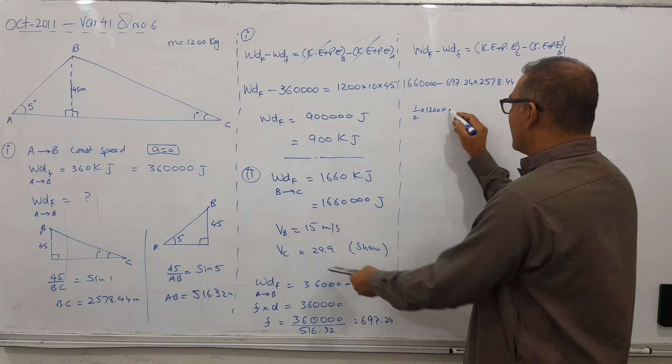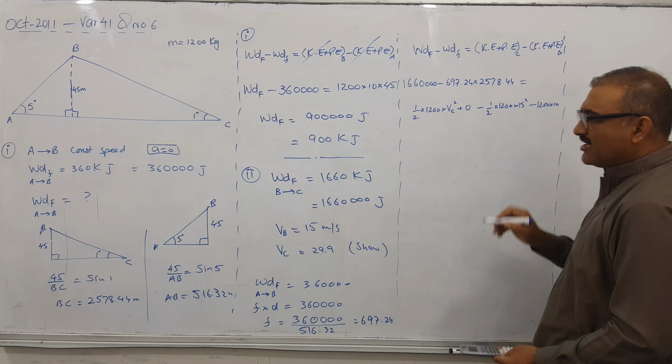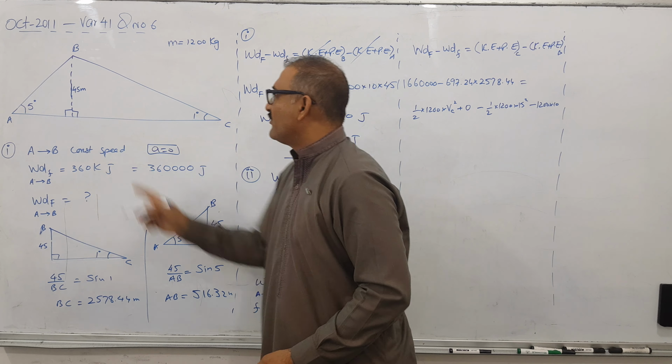So minus, open the bracket, half mv square, m is this, and vB is 15 square. Minus into minus, plus, and mgh, and what is mass? 1200, g is 10, and the height of this one is 45.